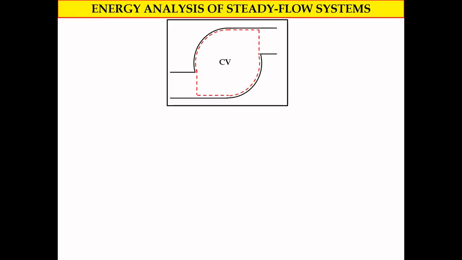Energy analysis of steady flow system. Consider a certain control volume where we have mass in and also mass out. In the control volume, the mass of the CV will be constant, the total energy for the control volume also will be constant, and the volume inside the control volume also will be constant.